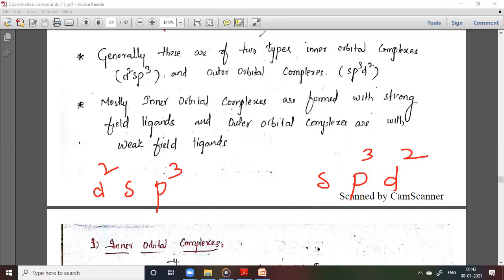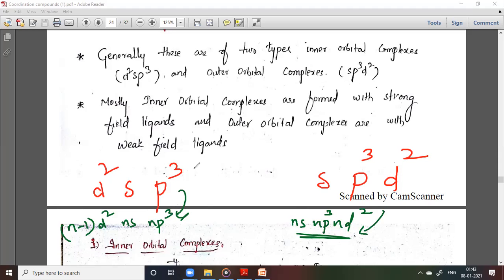What actually is the difference? Mostly the 3d series. So let us understand. I will write these things like this: 3d2 4s 4p3.